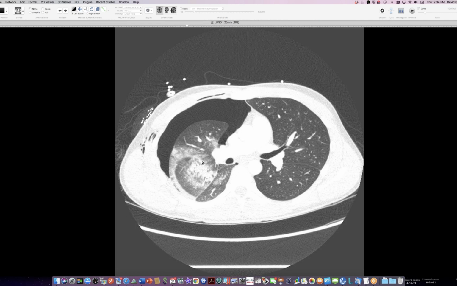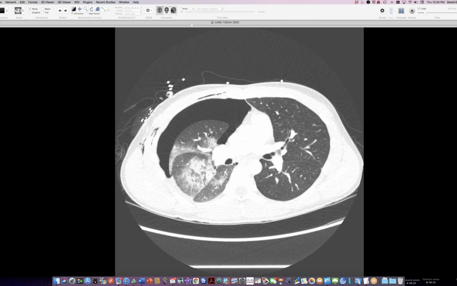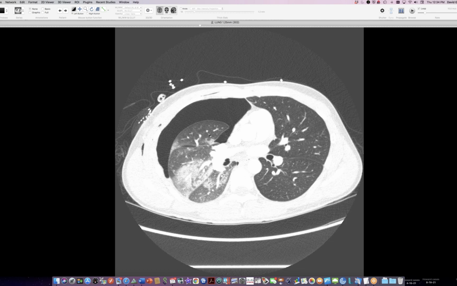Japanese people are 4 inches taller than they were in the 50s. And so I think with changes in diet, maybe more protein in the diet, more fat in the diet, people are growing more. And so I think, I'm just speculating, there are a lot more tall Asians. And so there are a lot more young men who are tall and lean, which is the usual setting in which you get these spontaneous pneumothoraces from these ruptured apical blebs.